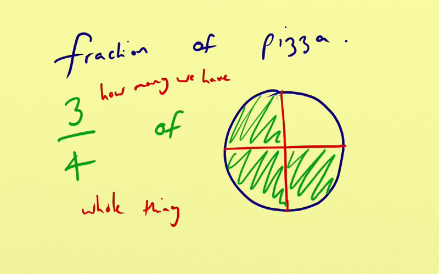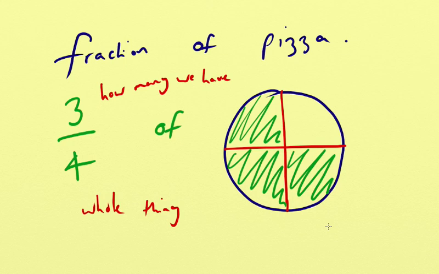So the green section just there, that is 3/4 of the pizza. So what we've done is we've used the bottom number to tell us how many pieces to divide the whole thing up into, and we've used the top number to tell us how many of those pieces we want. So we want 3 lots of those quarter pieces.